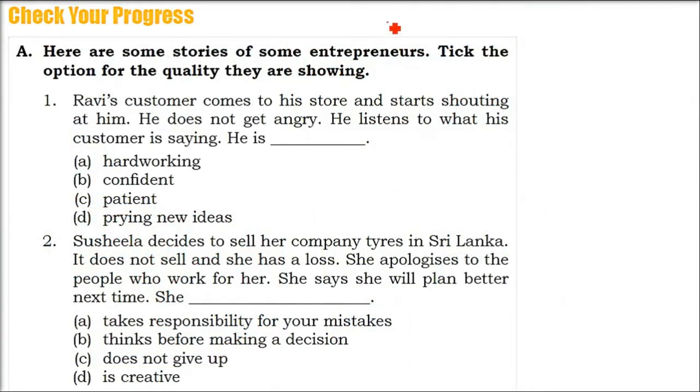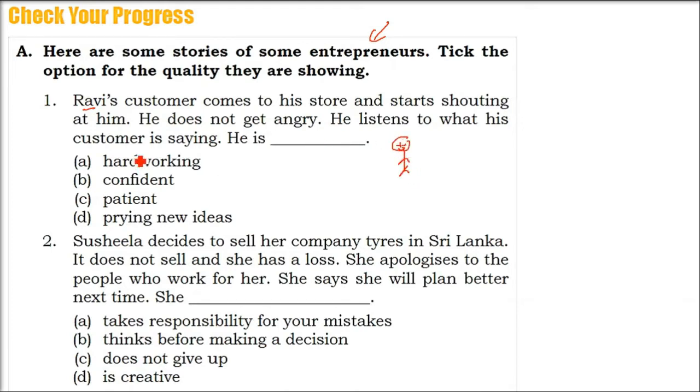Now let us see some stories here. So we'll tick the options which are showing the qualities. So let us start with the first. They are basically stories. First one is, Ravi's customer comes to his store and starts shouting at him. They might be angry about something, because customers have the right to do this. But Ravi does not get angry.